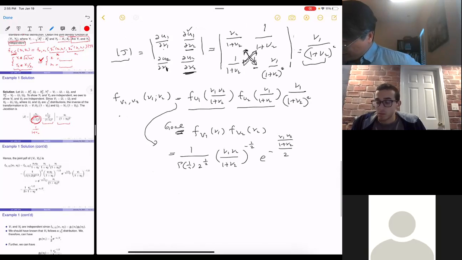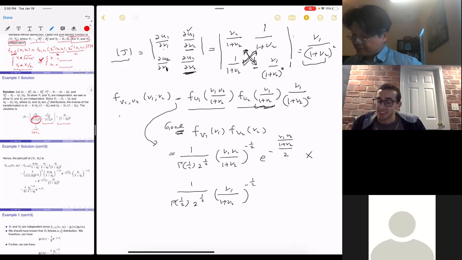Okay, and then that's only for V1, and then times, right? Again, U2 is chi-square, and then you plug in right here, right? Plug in V1, then 1 plus V2 to the minus half.